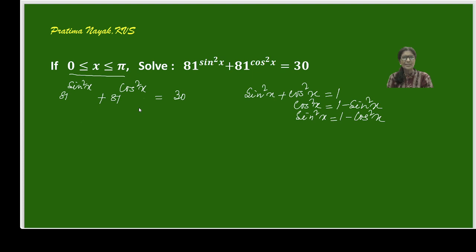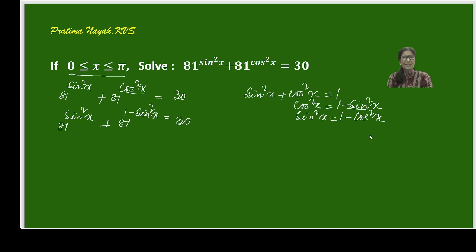So here, to bring it into one form, I'll replace cos square x as 1 minus sine square x. So I'll rewrite this expression: 81 raised to the power sine square x plus 81 raised to the power 1 minus sine square x is equal to 30.